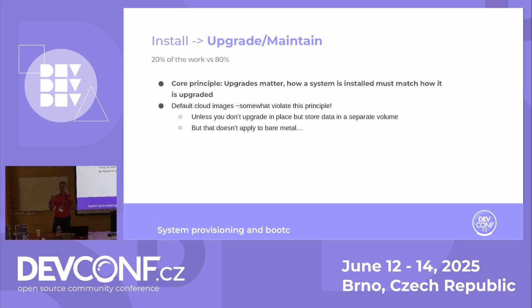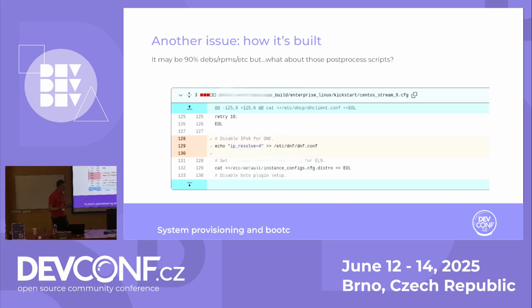And so for this user scenario, what we're really trying to achieve is to make sure that for our bare metal machines, how they upgrade and are maintained over time is as close as possible and doesn't drift. And yeah, obviously the same thing is true if you're starting from an OCI container and just upgrading it in place.